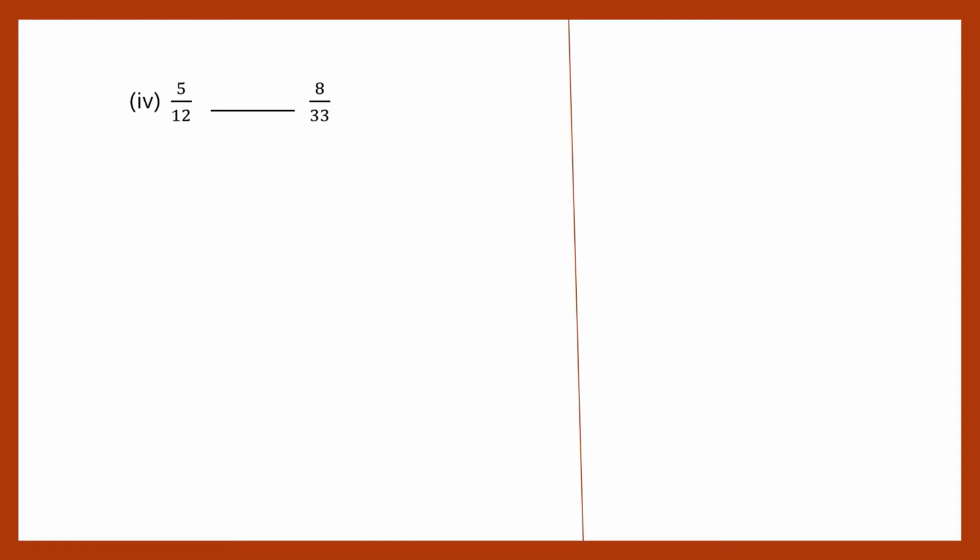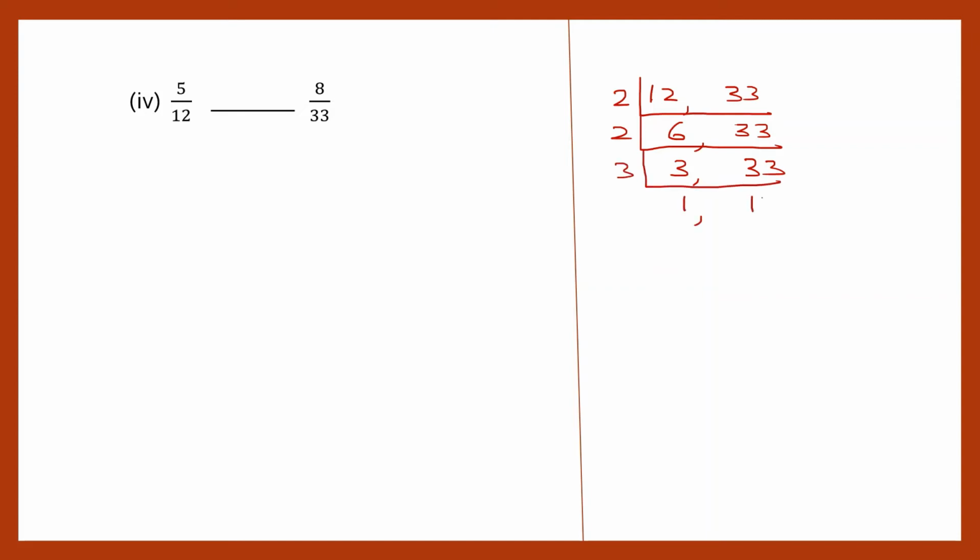Fourth one, let's find the LCM of the denominators, 12 and 33. Starting with 2. 2 sixes are 12. I bring down 33. 2 threes are 6. Now I use 3. 3 elevens are 33. I can use 11 now.